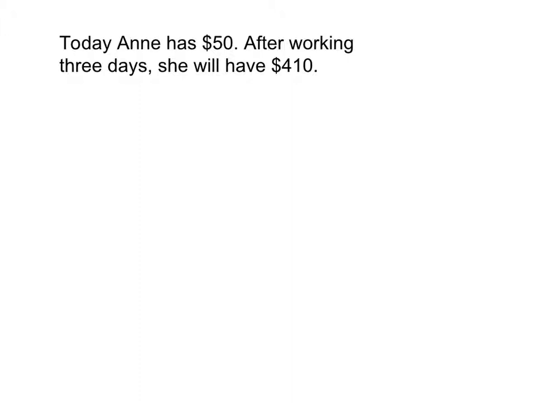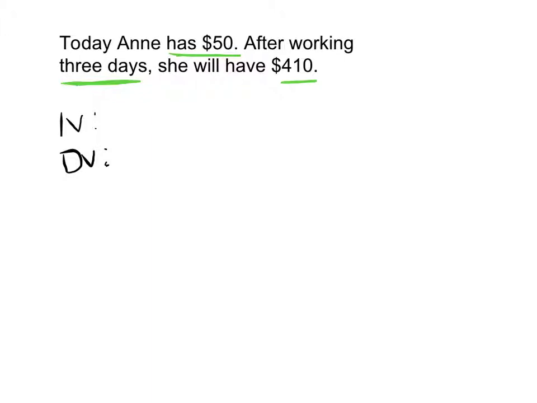All right, so here we have Anne. Today Anne has $50. And after working for 3 days, she will have $410. If we want to find the rate of change for Anne's situation, the first thing we need to do is find what the independent variable is and what the dependent variable is.